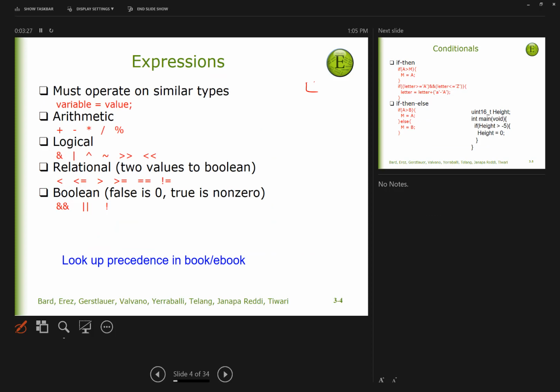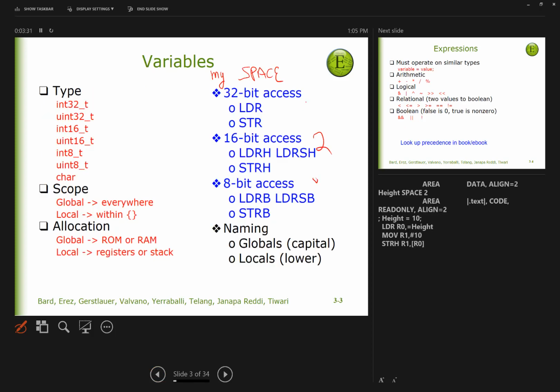What if I want an 8-bit variable? 1. It's not the number of bits, it's the number of bytes. And in assembly language, when I want to access a global variable, that's how I created it. I use LDR to read it and STR to store it.